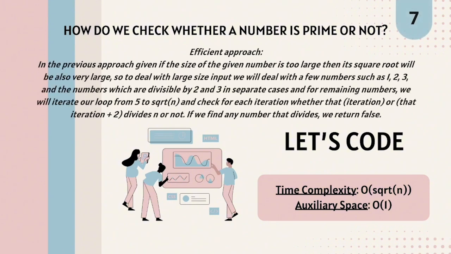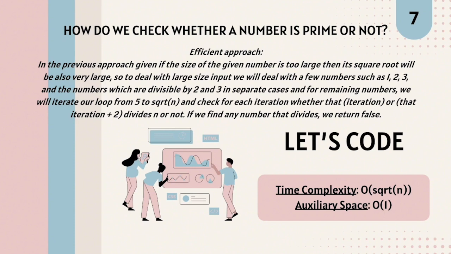So now, we already got to know how to check it in a naive approach. But in the naive approach, guys, if the size of the given number is too large, then the square root also will be very large. So now what we are going to do is we are going to have a trick.